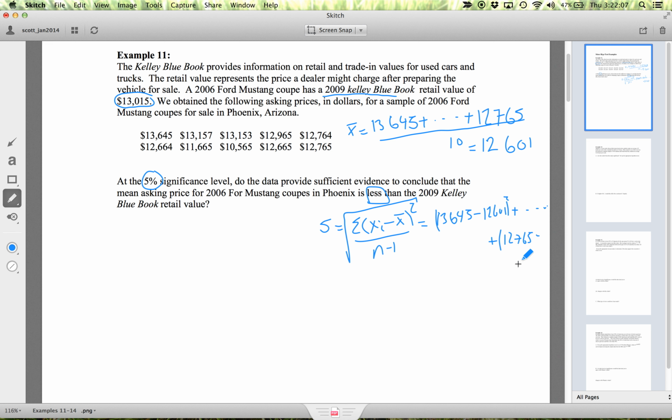Subtract this average, 12,601, squared. Then we divide by how many data points there are minus 1, and finally take the square root of that. That's going to take you quite a bit of time if you have to do this by hand. Of course, I'm going to show you how to do this in Minitab later, but this is how you would do it by hand. The sample standard deviation would end up being 877.